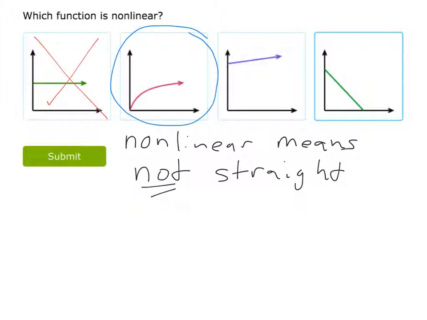So that one is correct. And if you take a look at the last two, the purple line is straight, and also the green line is straight. So the purple and this green are both linear, and because the question is asking for nonlinear, those two cannot be correct.